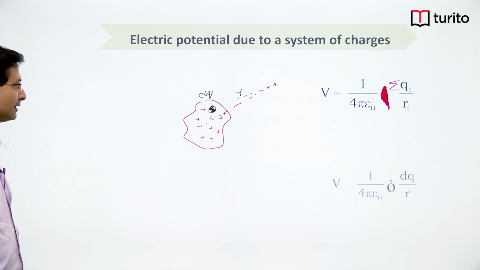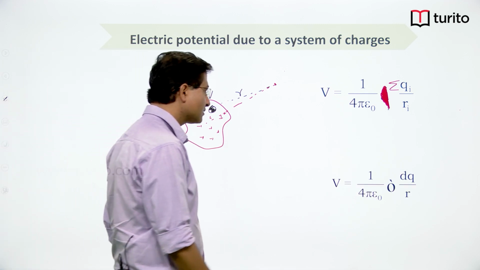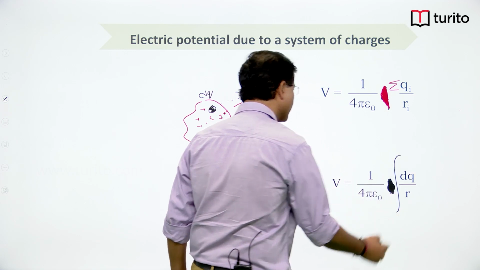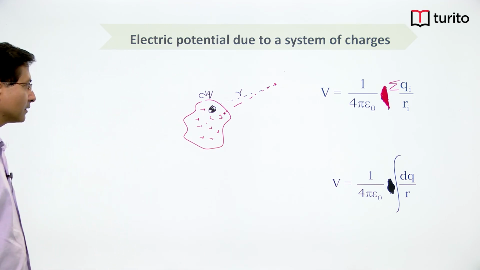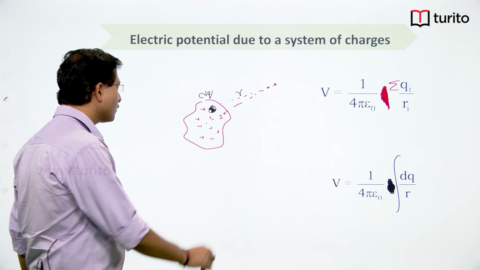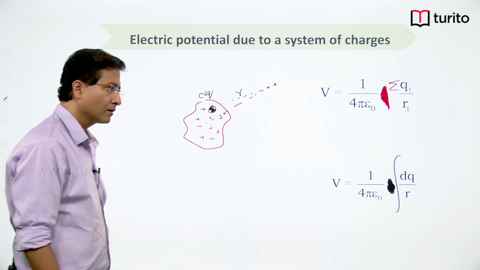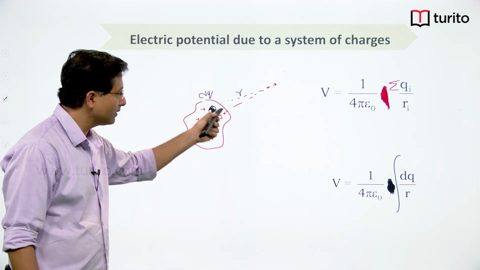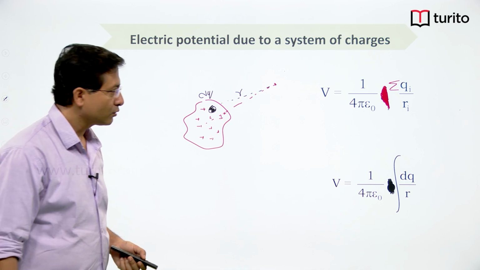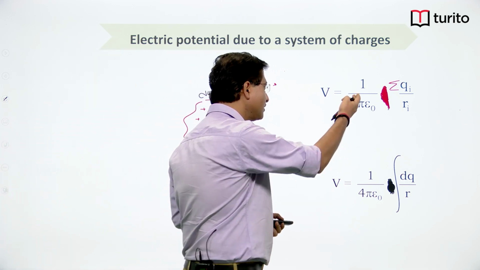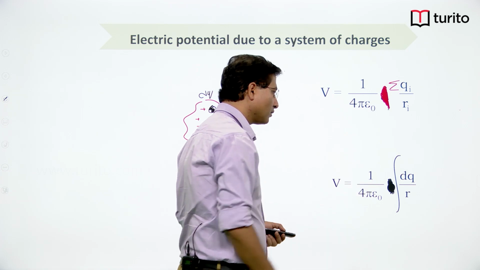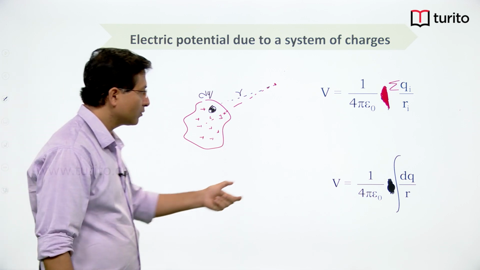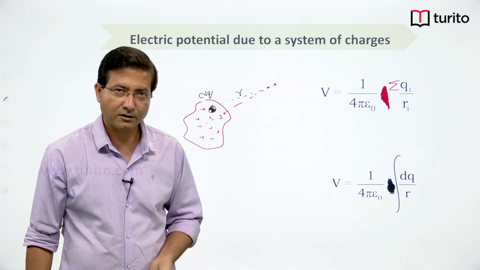I will write that and I will integrate it. So it can also be written as, this is the integration symbol. Integrating the contribution of all such elements here will give you the total potential produced by the continuous distribution. So depending on whether our distribution is discrete or continuous, we can use this one or this one, right. So now we are talking about the situation where the distribution is a continuous one.